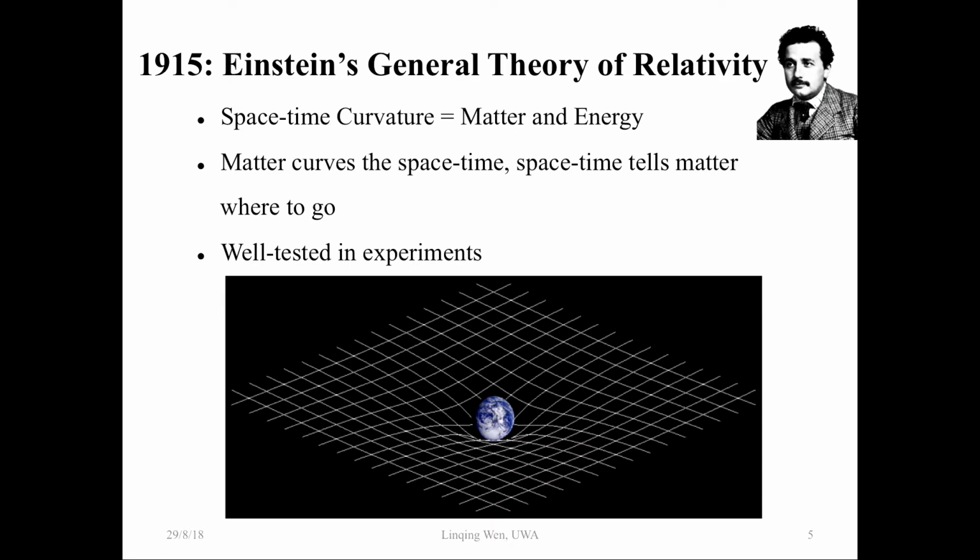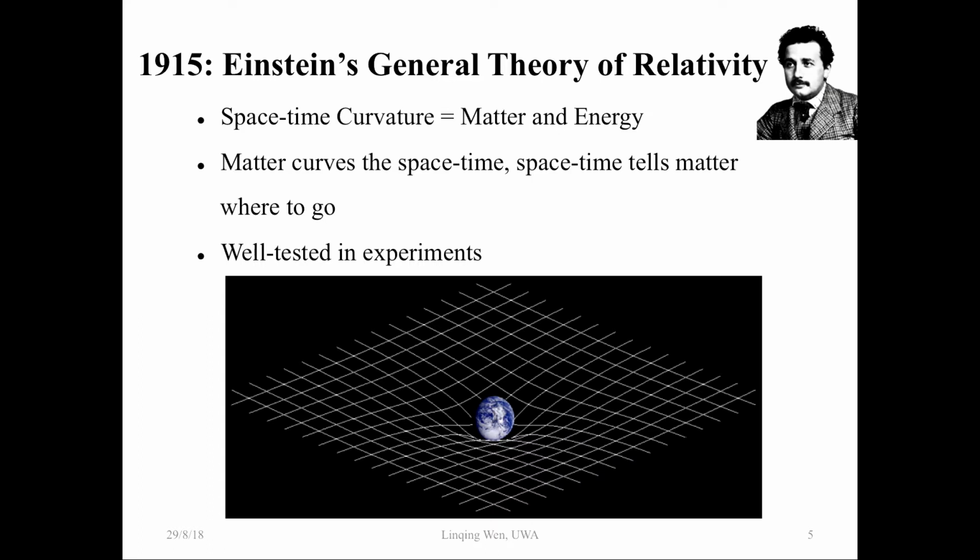In plain language, if you have matter, say the Earth, space and time should usually be flat, but if you have matter around it, near the Earth, the space and time should be curved, as shown here, except this is the space and time fabric, not just space.